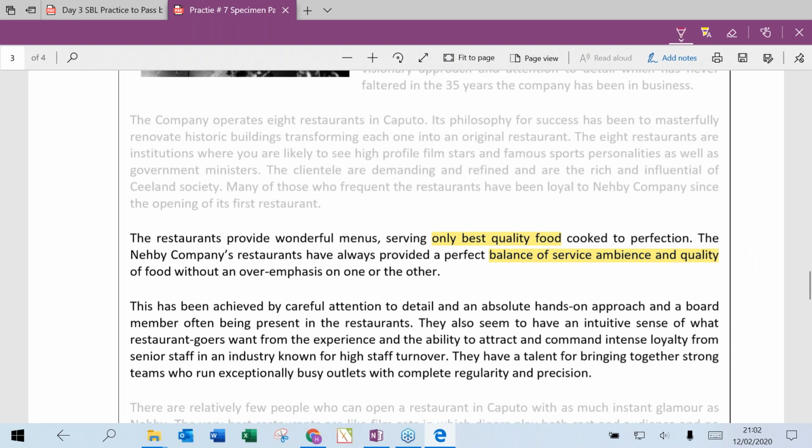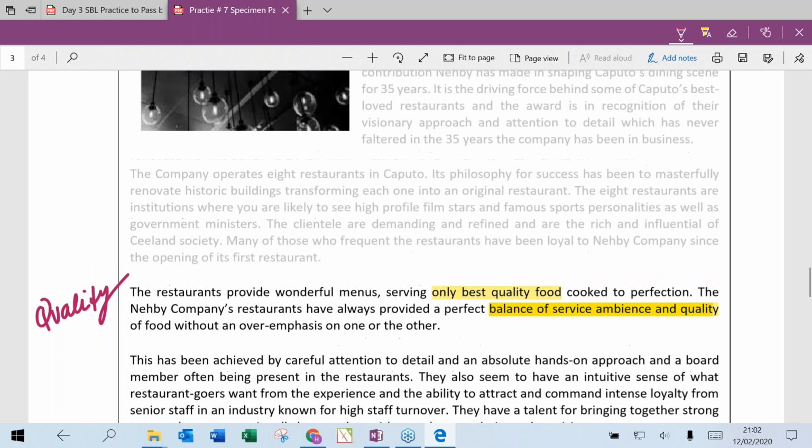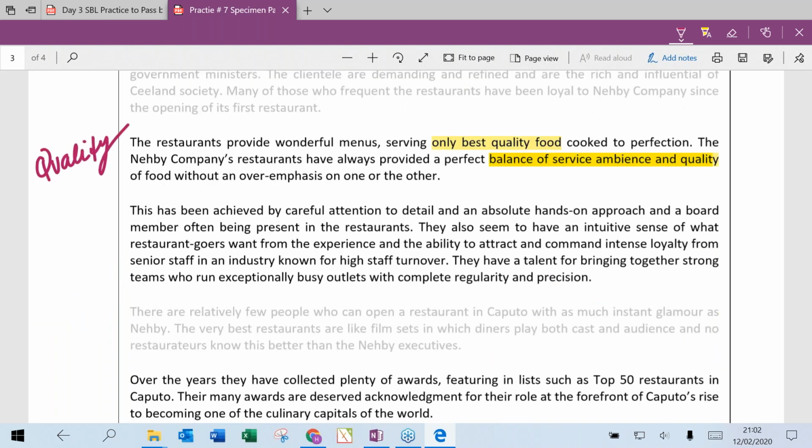So what this paragraph is talking about is that we are highly focused on quality. Okay. This has been achieved by careful attention to details and an absolute hands-on approach, and a board member often being present in the restaurant.